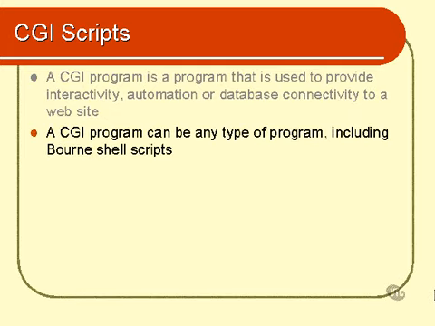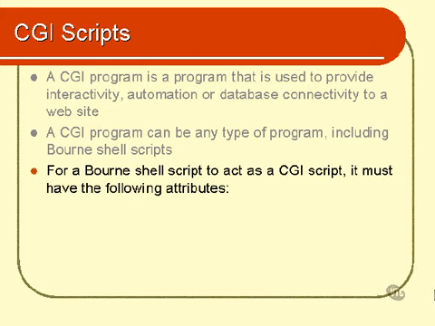Any type of program can be a CGI program, something that you've compiled from C, for example. It could be a Perl script, or it could be a Bourne shell script, any type of program. Now, because this is a Bourne shell script course, we'll just briefly have a look at how you can make a Bourne shell script act as a CGI script.